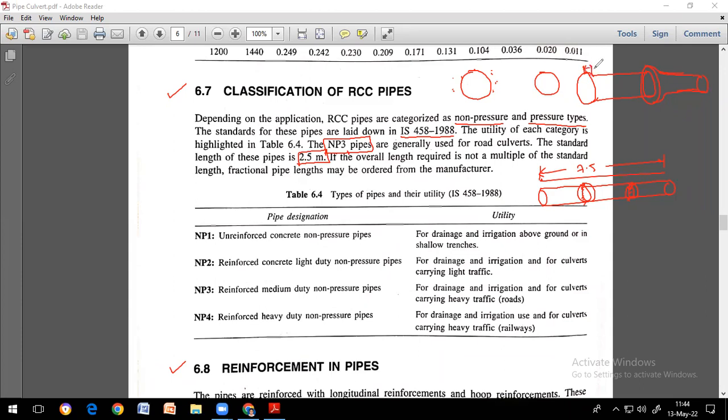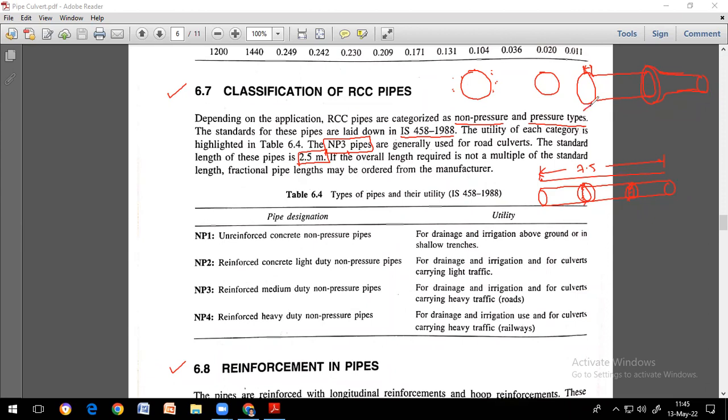By that you are able to fit another pipe next to it without any leakage. Understand? That is the reason why your pipes are prepared or cast in that manner.